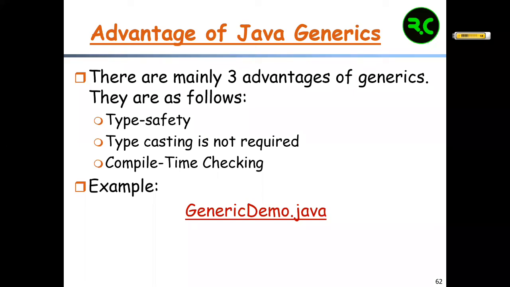The first one, type safety. As I have already told, if I want to store only employee data into my class, then only employee data can be stored. If my employee class has username, age, address, and salary, and my student class has name, age, address, but not salary, they have marks, then I can create a new class which can be used to store only employee data.